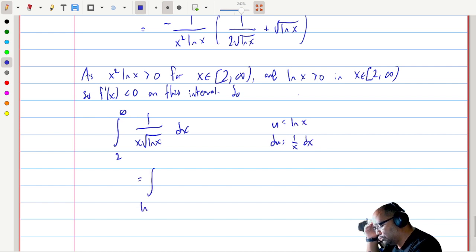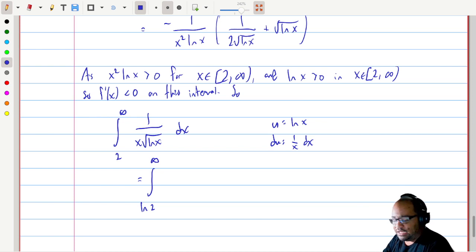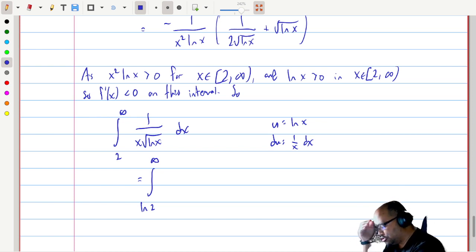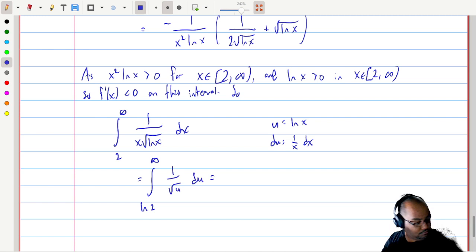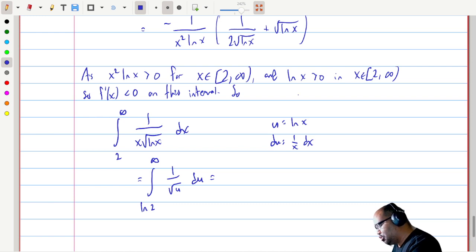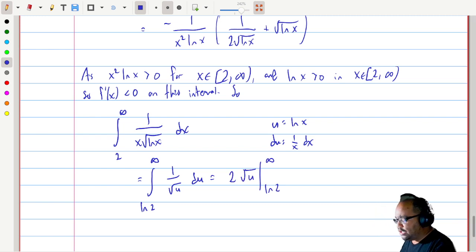So we have the integral from log 2 to infinity, because as x gets large, log x gets large. What do I have here? 1 over square root u? Yeah. All right, 1 over square root u. Now you just do some power rule stuff. And you should see that this integral diverges.